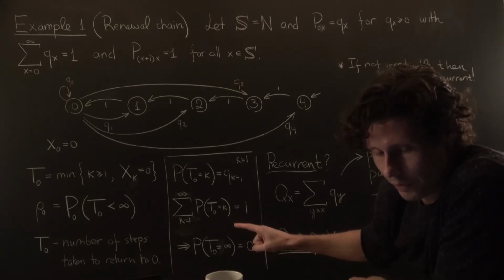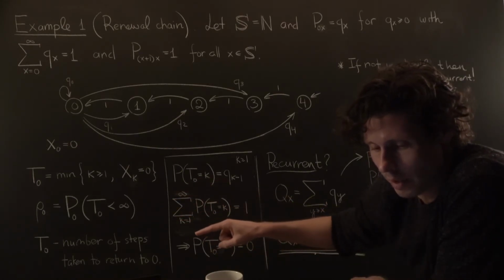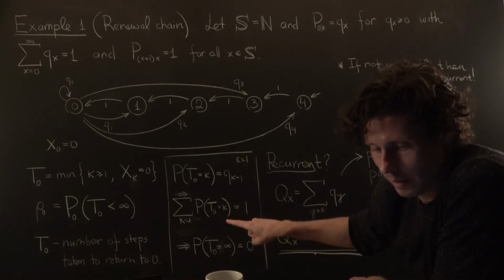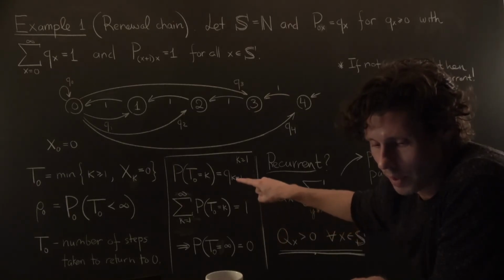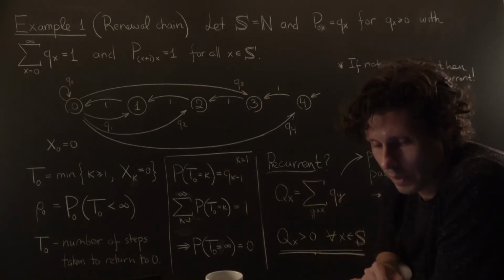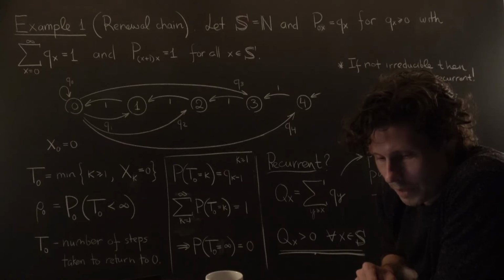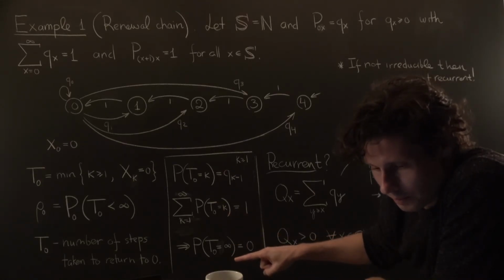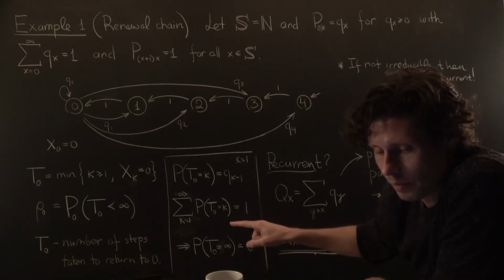And so if you actually substitute all of those words for this symbol here, meaning substitute the n and take the limit, you will then obtain this as well. The fact that this sum equals 1 is because the q's are a distribution and sum to 1 over the natural numbers. So you may ask then, why does this imply this? Well, simply because we've exhausted all possible values for T naught.